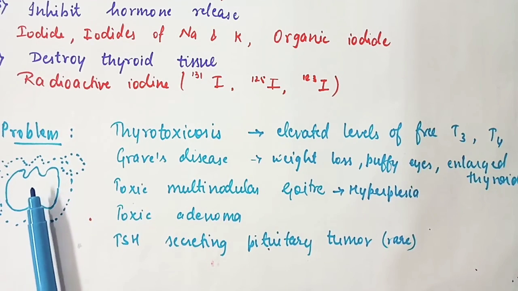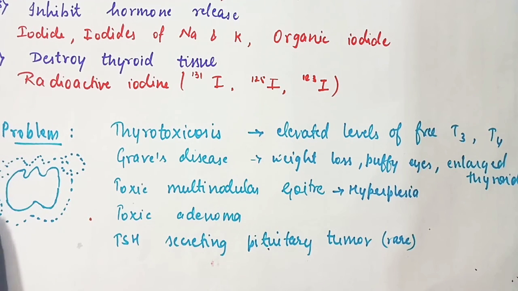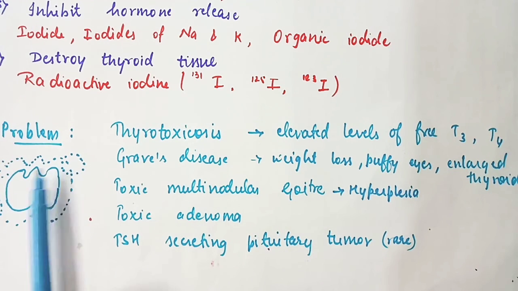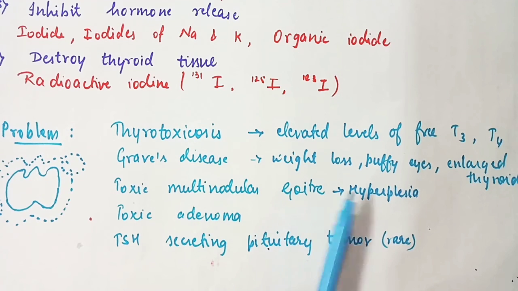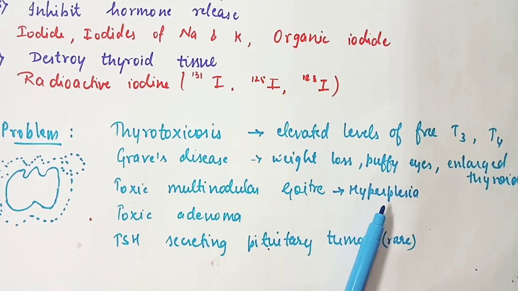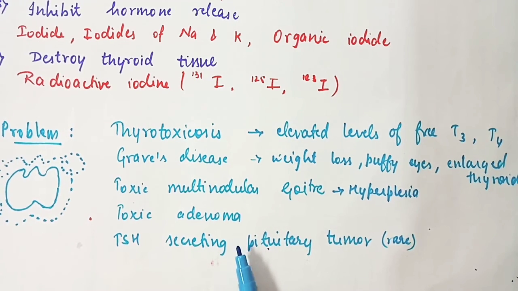After the Graves' disease, hyperthyroidism takes place and the thyroid gland swells, and when this thyroid gland has nodules over it, it is known as toxic goiter, that is hyperplasia of the thyroid gland will take place. Then toxic adenoma and TSH secreting pituitary tumor. These are the types of tumors onto the thyroid gland.